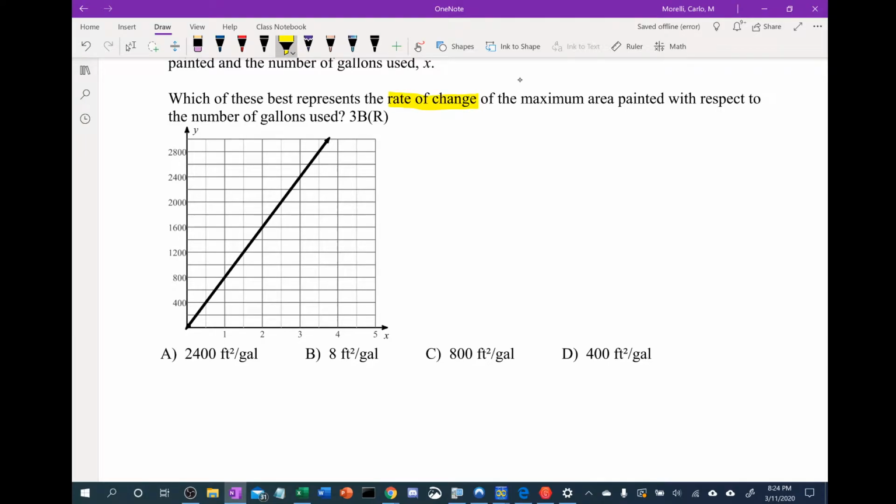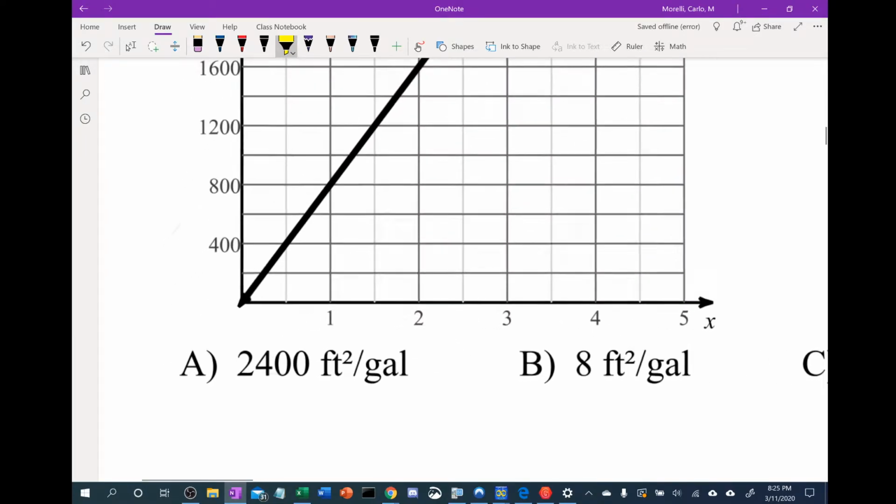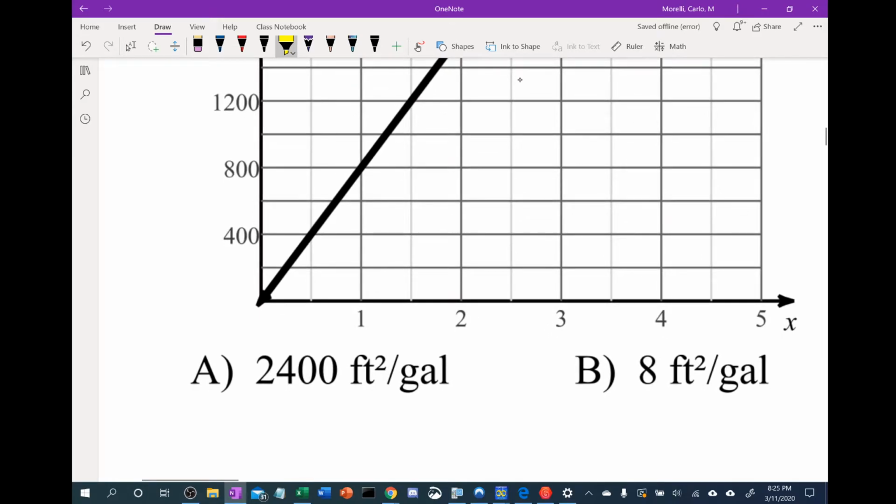Your rate of change here is the direct indicator of that. Now, the temptation here would be to say it's 400, okay? Because it looks like in the background you can find a lattice point and say, okay, go up 4 over, well, be careful here because you'd really be going over a half. That doesn't work.